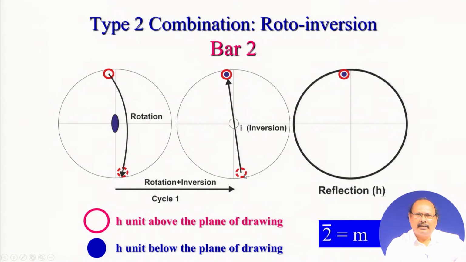So, after the second operation, this particular motif will be reproduced here due to inversion as this dot, or closed circle. So, in a nutshell, what it means is that here you have one motif at a height h above the plane of drawing and one motif at a height h below the plane of drawing.